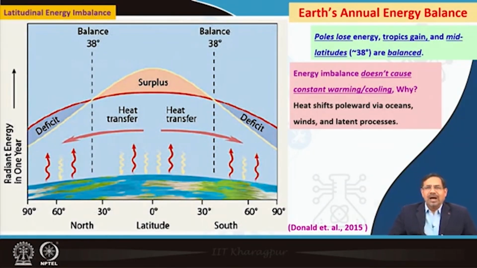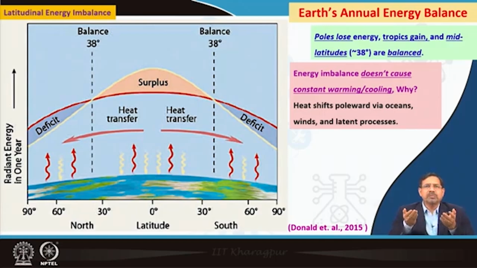So, how is this? Because we have the transfer of heat. This heat transfer phenomenon allows the movement or transfer of heat from the tropics to the non-tropics, so beyond 38. That is how the heat is balanced, it is transferred.